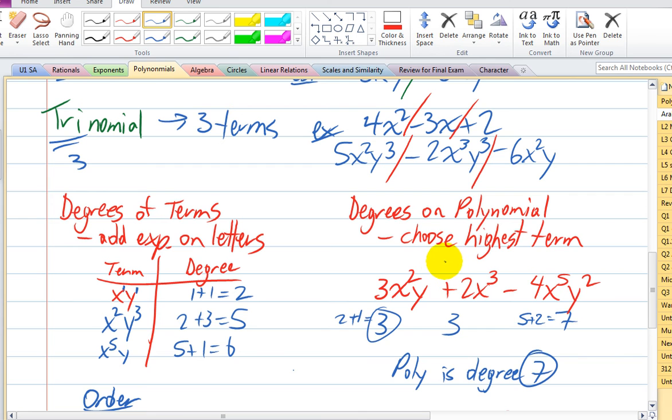First of all, I take my pen or pencil and put a line there to separate them into the three separate terms. Then the first term, I add the exponents, 2 plus the 1. This term is degree 3. The middle term is degree 3. The last term, 5 plus 2, is degree 7. And so the highest one is 7. I don't do anything else. After I get the degree of each one, I just choose the highest number.